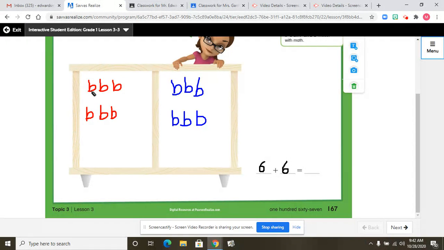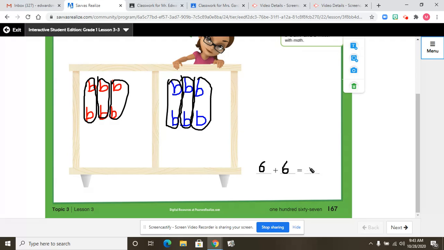Okay, so we can count by ones or we can count by twos. Let's try counting by twos. Okay, so 2, 4, 6, 8, 10, and 12.